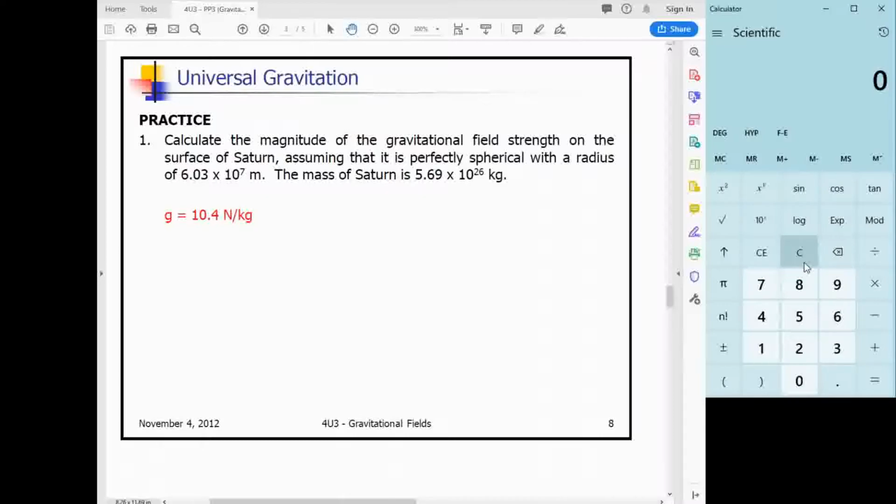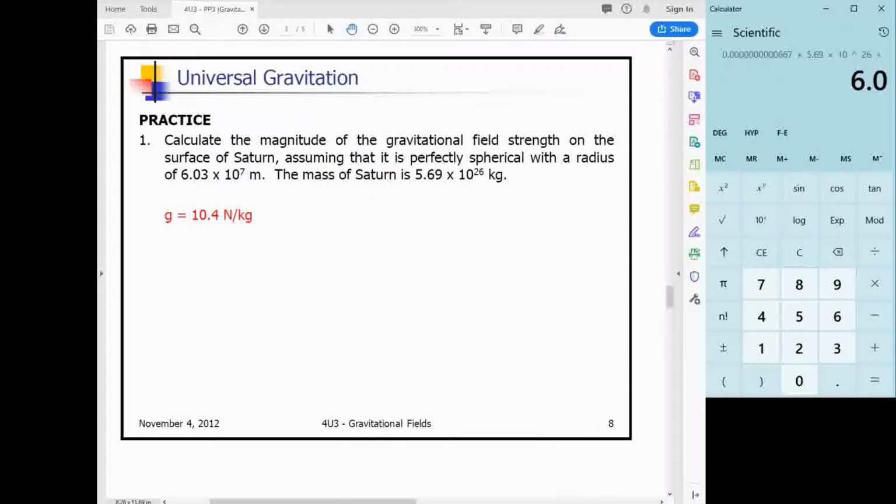So our lowercase g is calculated using that big G times the mass of our planet, which in this case is Saturn, so it's 5.69 times 10 to the power of 26, divided by the radius of the planet squared.